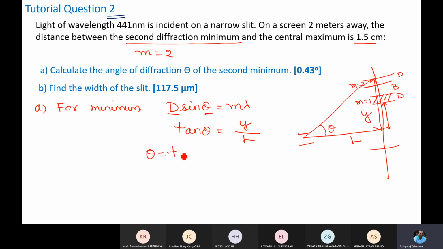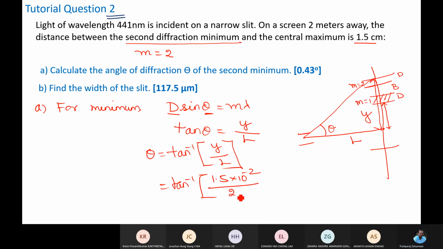Theta is equal to tan inverse of y by L. That is tan inverse of 1.5 times 10 power minus 2 divided by L, and L is 2 meter.